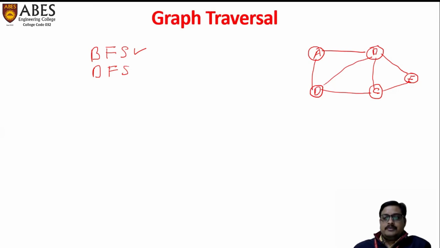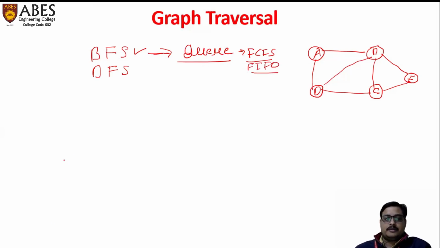For this purpose, we need a data structure called queue. We'll use the queue data structure because the queue is FCFS, first come first serve, or we can also say first in first out, FIFO. So we'll use this queue data structure to implement BFS.